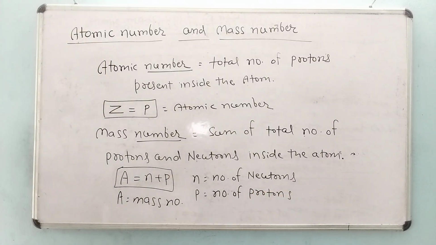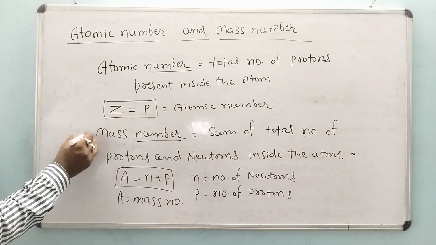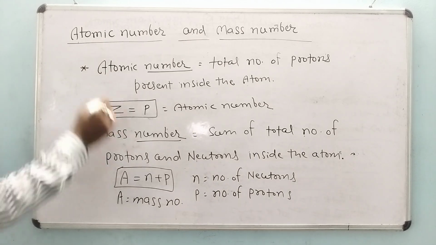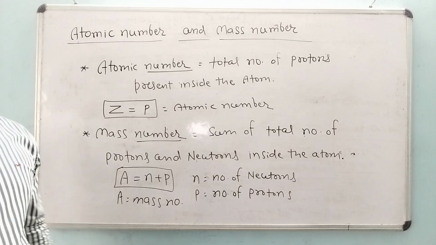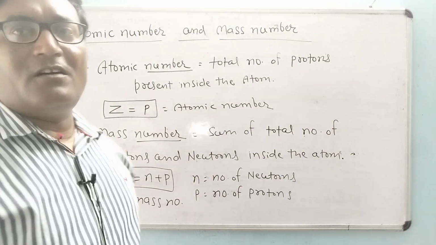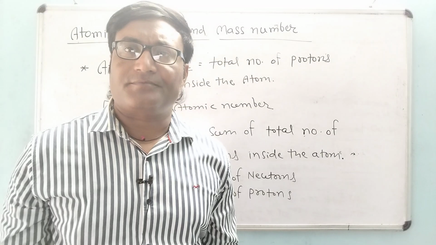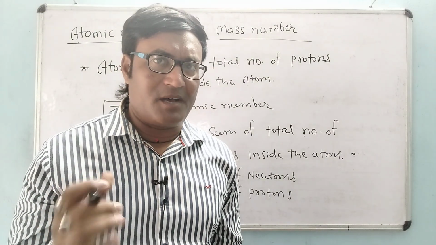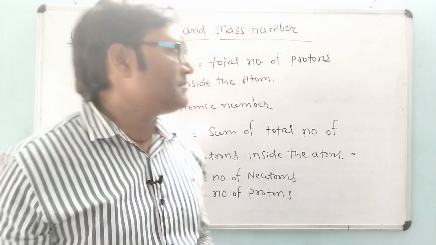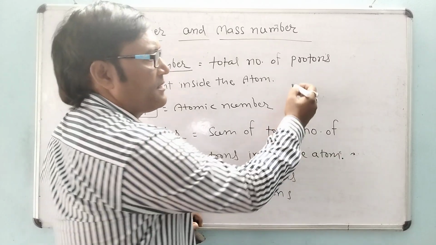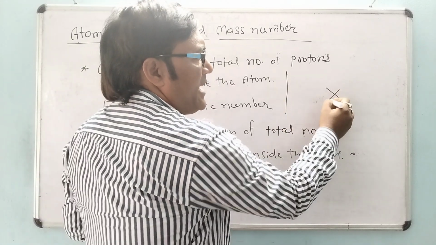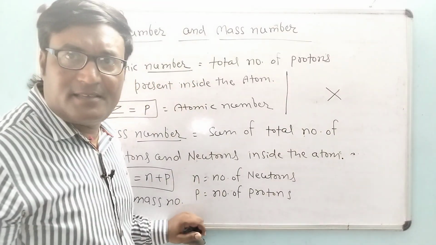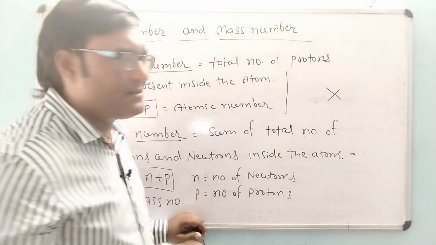Now you can take a screenshot. After that we will discuss how we can write the atomic number and mass number around an atom. Suppose X is the symbol of the element.